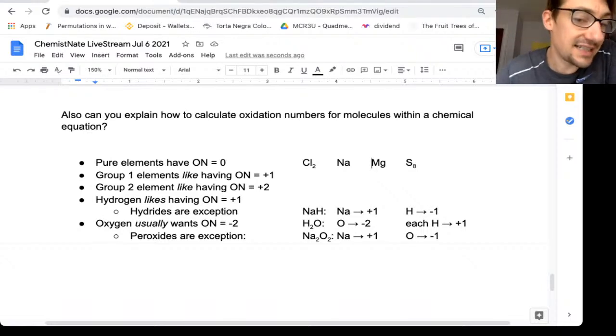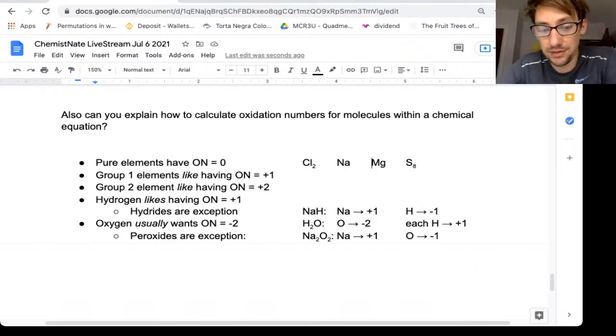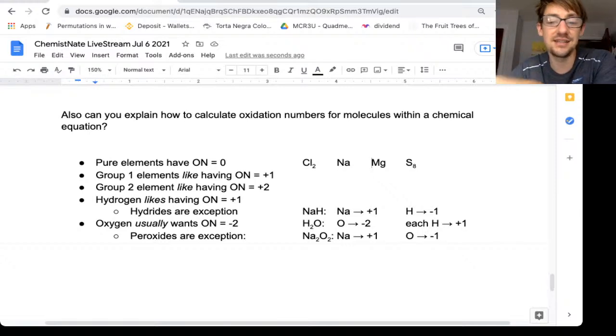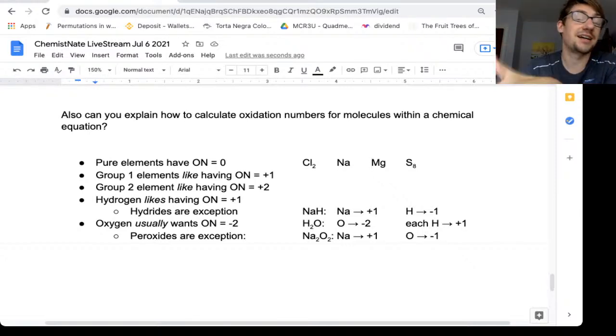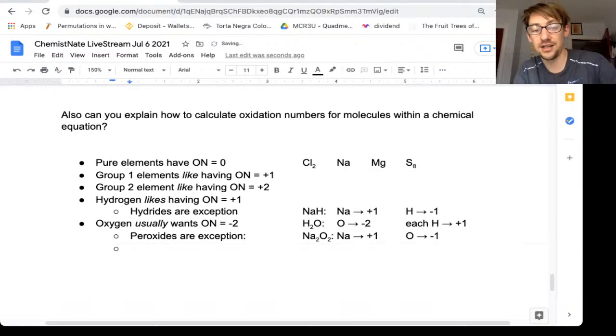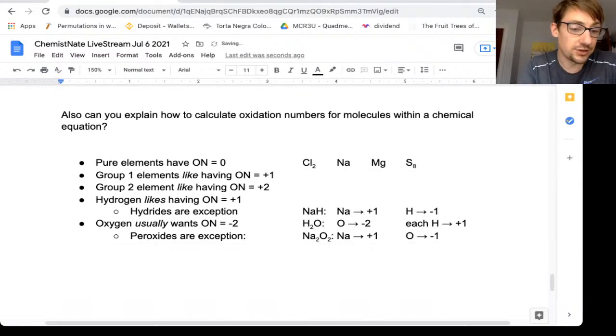But sodium likes having an oxidation number of +1, and anything attached to sodium will take on whatever oxidation number is needed so that the sum of the oxidation numbers is the same as the total charge on the molecule. After you deal with hydrogen and oxygen, I generally just tell people that other atoms take on whatever charge is needed.